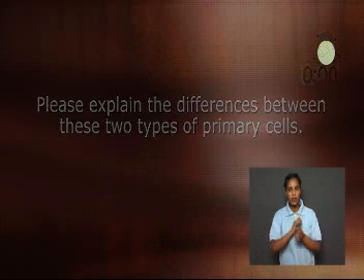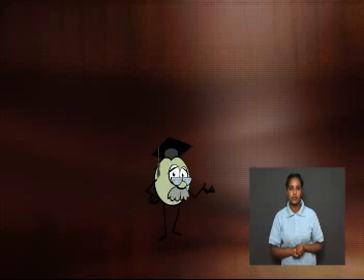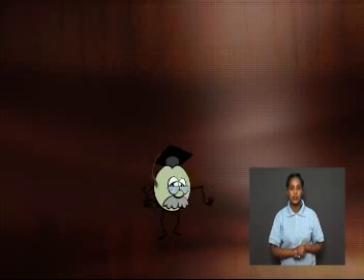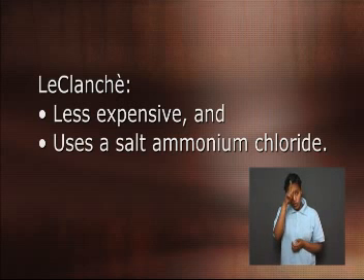Time's up. Let's get back to our lesson. Welcome back, students. You might have said that the Leclanché cell is less expensive than the alkaline, or that the alkaline cell is able to generate current up to 50% longer than the same sized dry cell.